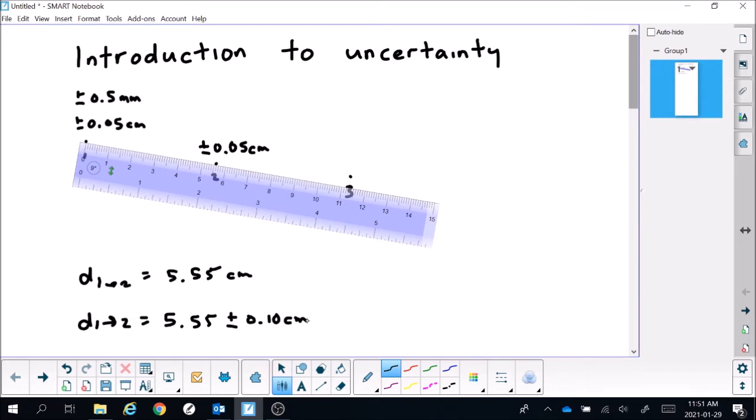Now where does this 0.10 come from? Well, all I did was I said 0.05 centimeters plus 0.05 centimeters, the uncertainty on both my measurements, is equal to 0.10 centimeters. And that's why that's my total uncertainty.